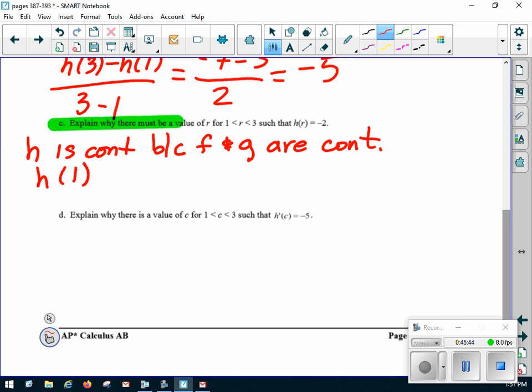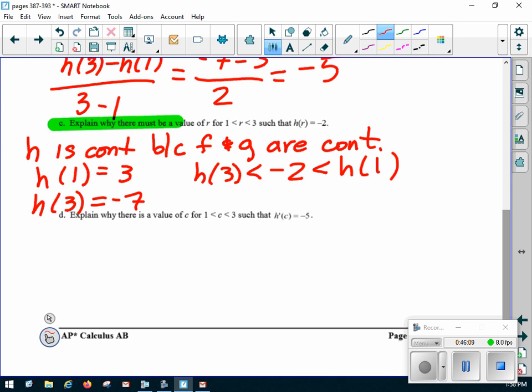What's h of 1 and what's h of 3? We got those two already, didn't we? h of 1 is 3 and h of 3 is -7. You buy that?